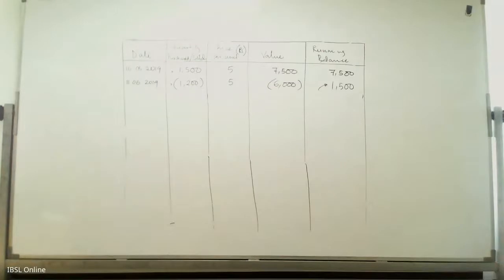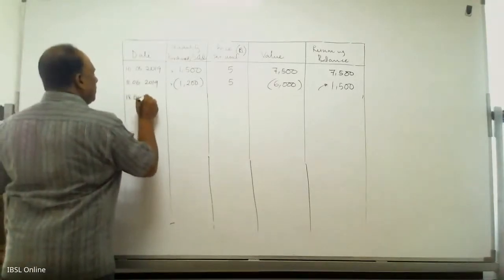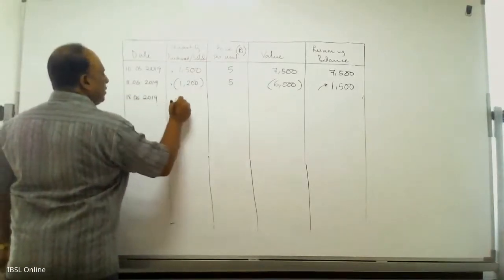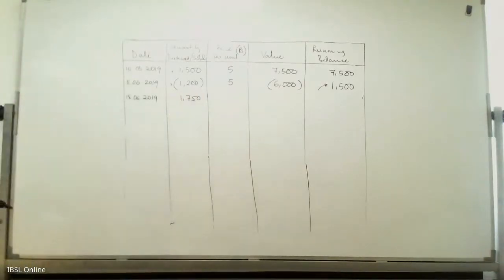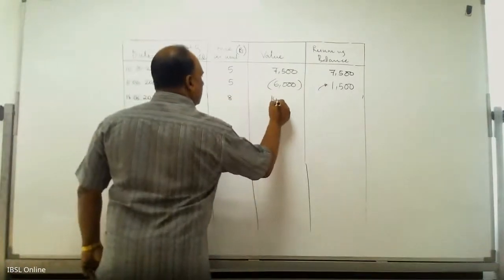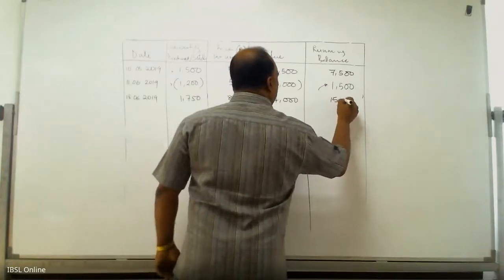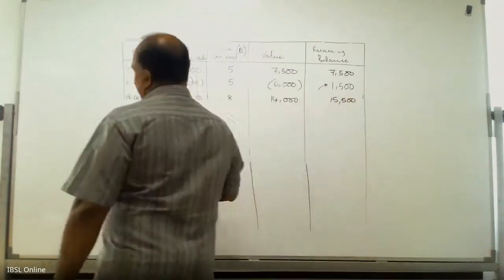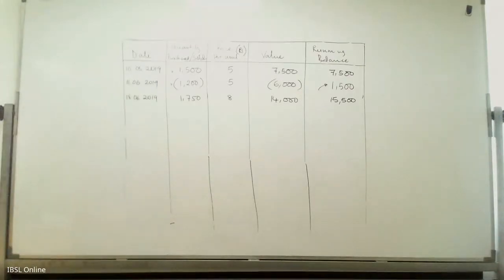On 18th of June, 2019, I am purchasing another 1,750 units at 8 rupees. This is 14,000. So that will give you 15,500. Now, what is the next transaction?